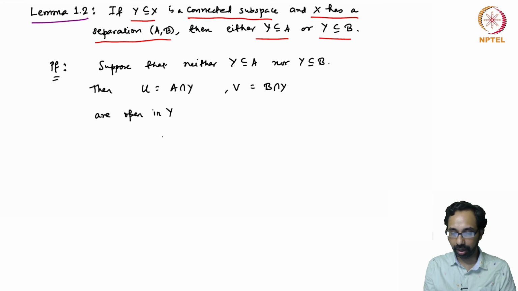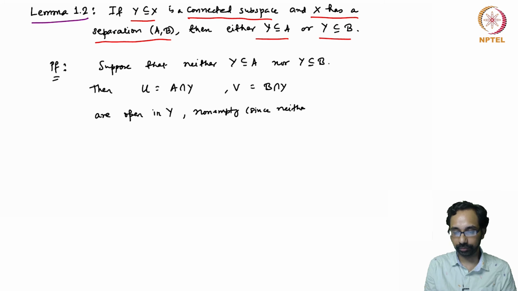They are non-empty since neither Y is a subset of A nor Y is a subset of B.